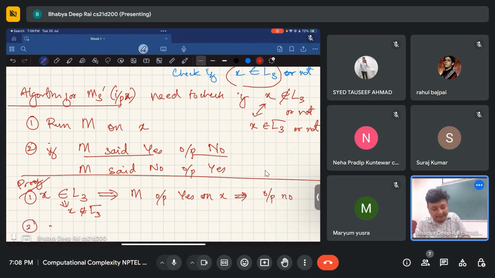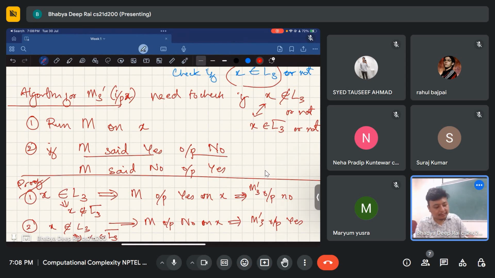Secondly, if X is not in L3, it means X is in L3 bar. And if X is not in L3, it means M outputs no when given X. So M prime 3 outputs yes.